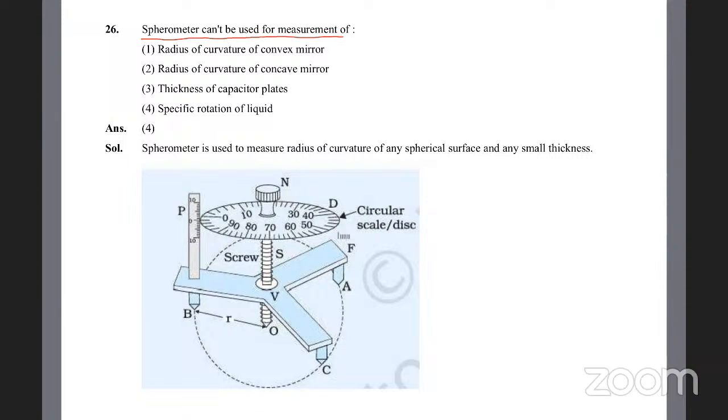So it can be used to measure the radius of curvature of a convex mirror or concave mirror, or the thickness of capacitor plates, but it cannot be used to measure the specific rotation of a liquid.